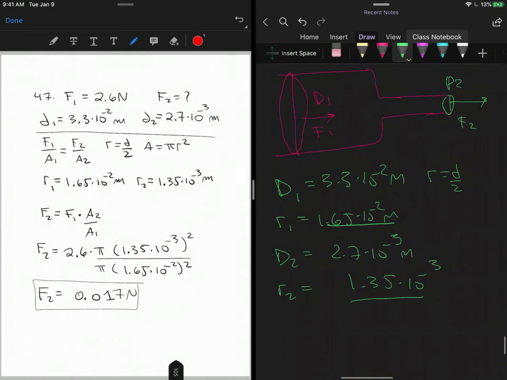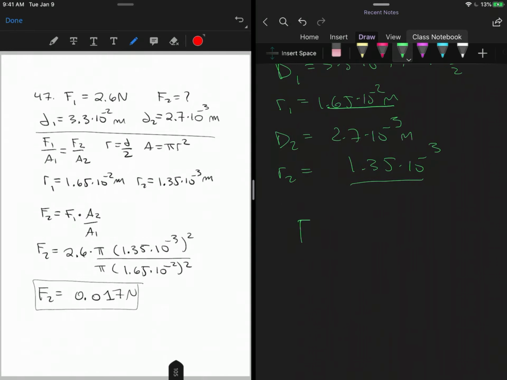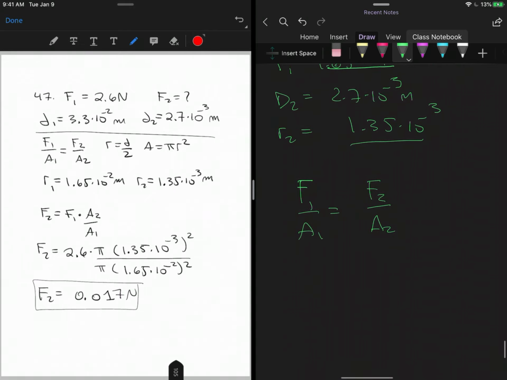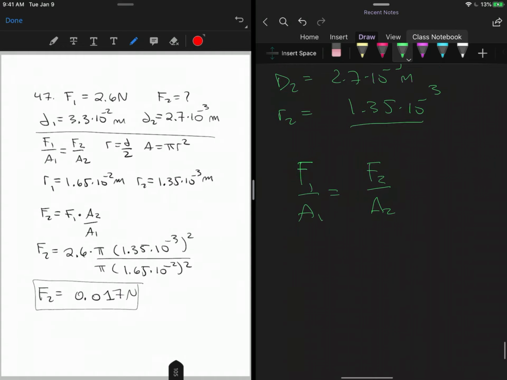So the equation that applies to this setup here is the force on the large side, F1 over A1, is going to equal the force on the small side divided by the area on the small side. And in this case, in both of these pictures, the area is a circle, so we're going to use the equation area is pi r squared.